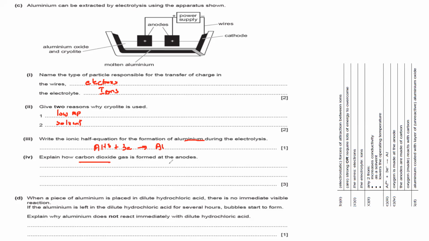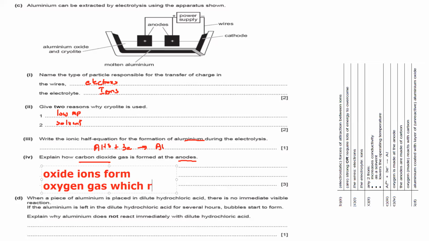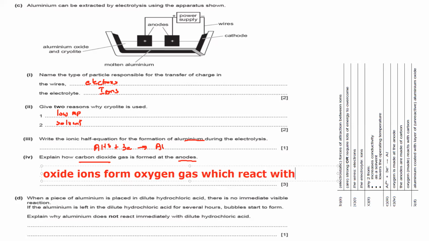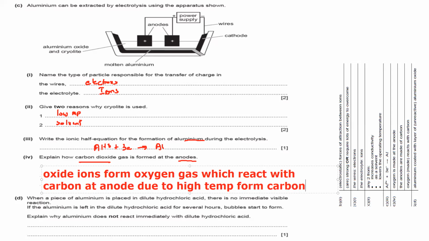Describe how carbon dioxide gas is formed at the anode. So what happened? The oxide ions form oxygen gas, which reacts with carbon at the anode due to the high temperature and forms carbon dioxide.